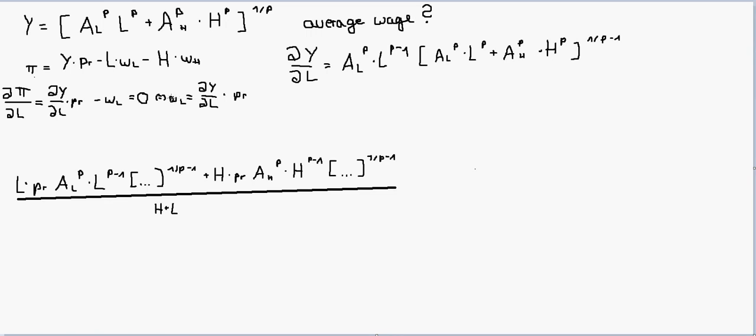And of course, it's the same for wage high. Wage high is equal to the price, but this time of course it's the partial derivative of Y with respect to H.